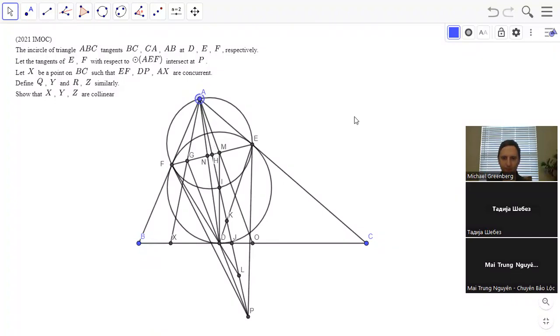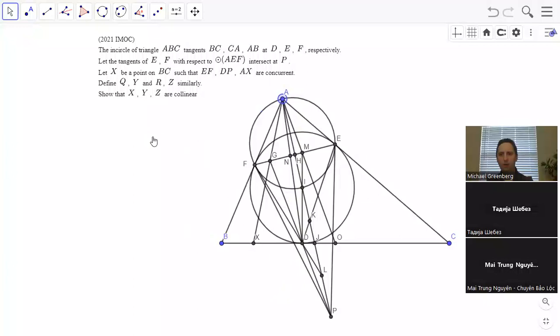Because J would be the foot of the angle bisector, O would be the midpoint of BC, and D we know. Everything would cancel really nicely, actually. So I'm going to write that up.